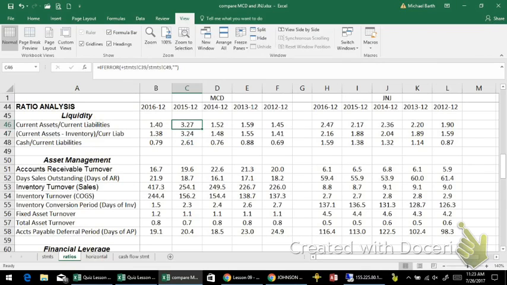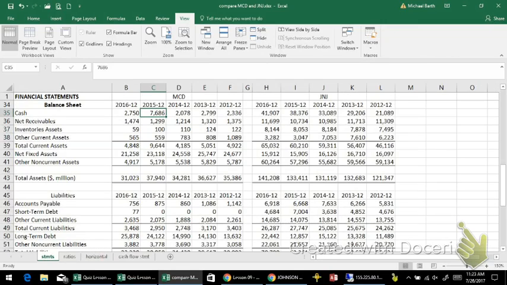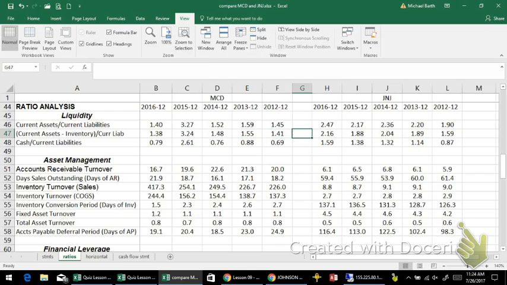So the omission of inventory means nothing, and that's because McDonald's has virtually no inventory on their balance sheet. $31 billion of assets and $59 million of inventory. If we look over here at Johnson & Johnson, you'll see a bigger drop in the quick ratio because they do hold a fair amount of inventory. But again, they're still highly liquid no matter how you measure it.